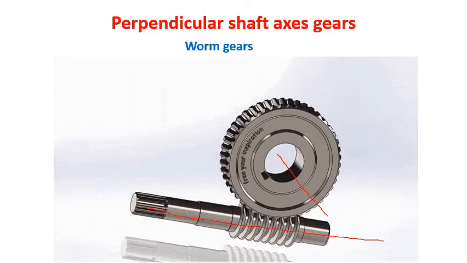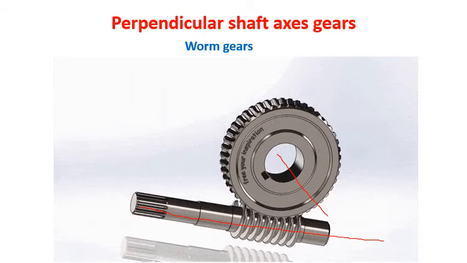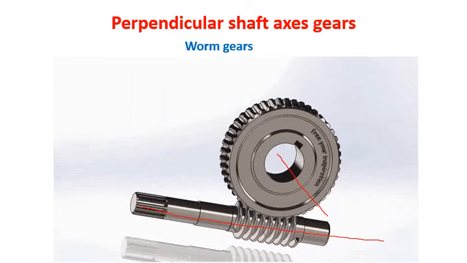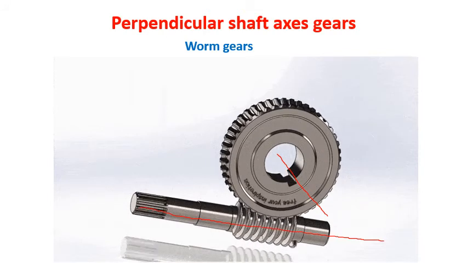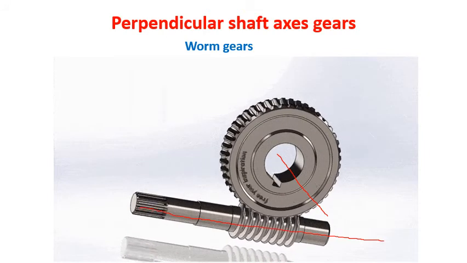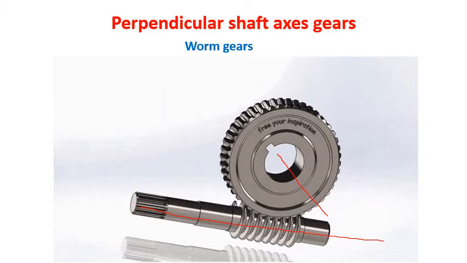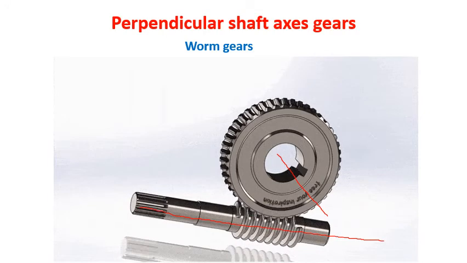The important property of this type of gear is that it is non-reversible, so we can't reverse this type of gear. It means that the worm is always the driver and the worm gear is the driven or follower. Okay, so the worm gear cannot drive the worm.